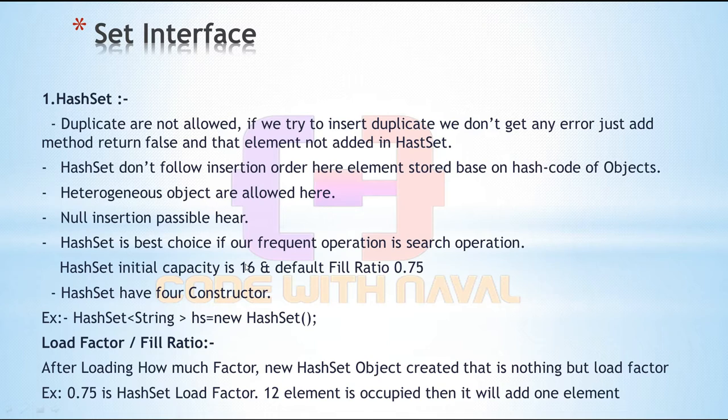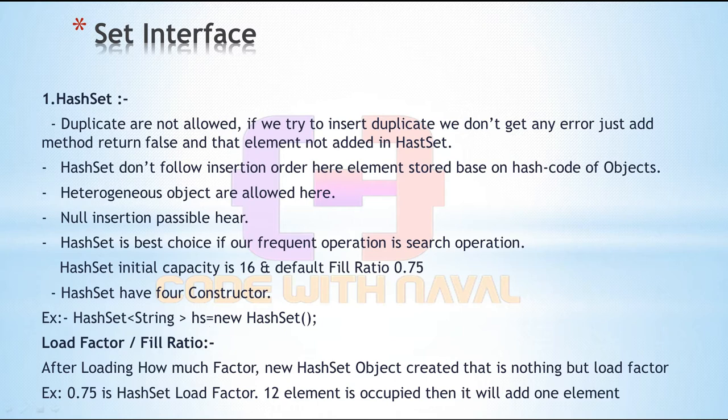It will not wait to complete all 16 elements. That is nothing but 0.75. 0.75 of the total 16 elements means 12 elements. Once 12 elements are occupied, it will create a new HashSet, copy all the HashSet elements into the new HashSet, and reassign the object variable.